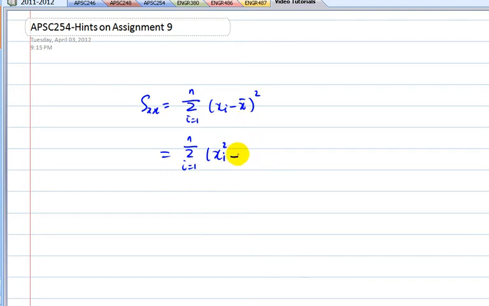Simple expansion. Okay, so it becomes a quadratic term, and then plus x bar squared. Now x bar is a scalar value, so that's a constant there, and what we can do is write this summation separately.